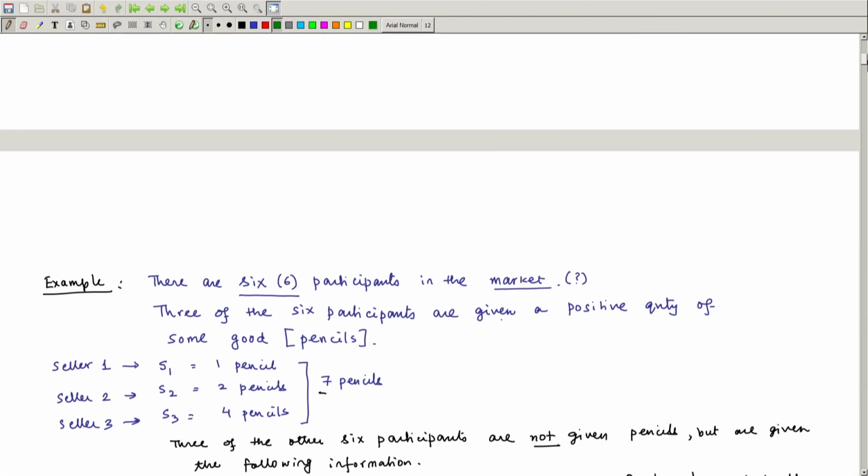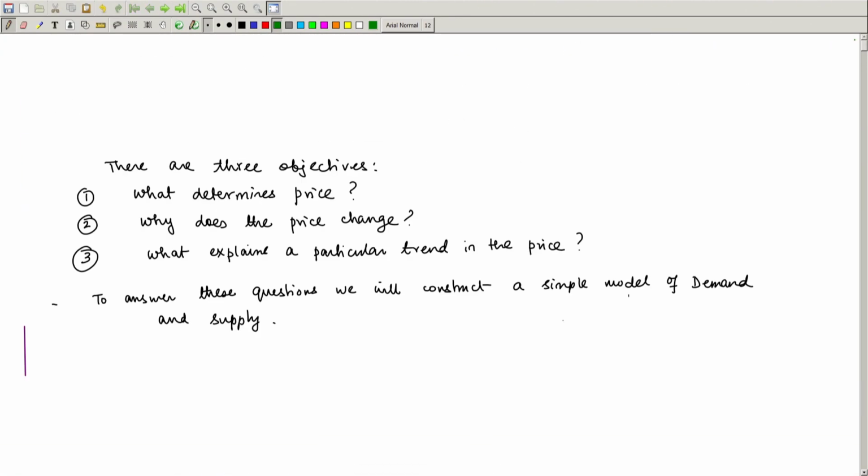So, I claim now that we have addressed our first question that we started with. We said, what determines price? When we had drawn the supply curve alone, it cannot determine the price, because we used various prices to derive the supply curve. The demand curve alone cannot determine the price, because we used various prices to construct the demand curve.